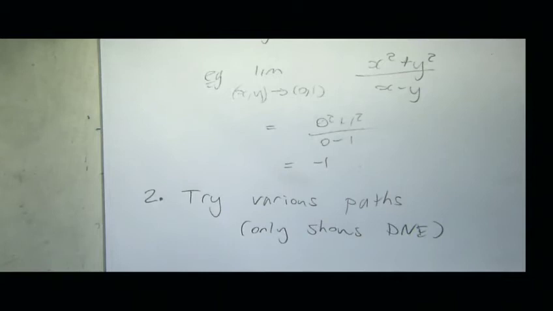So in order to show that it does exist, you have to show that the limit exists and is the same answer for all possible paths, right? Including spirals and parabolas and all sorts of crazy paths, which is actually impossible, right? But if you want to show it doesn't exist, you either just have to find one path where it doesn't exist, or two paths where they do exist but come to different answers.